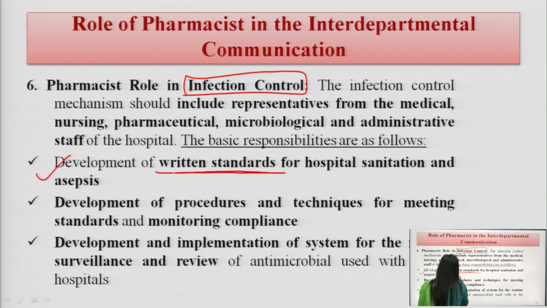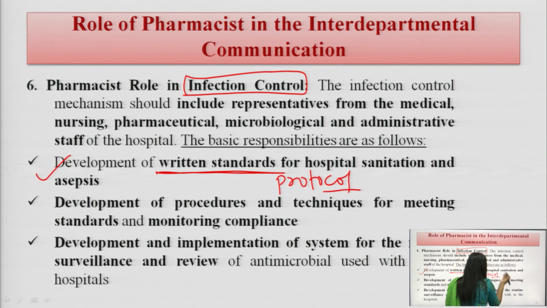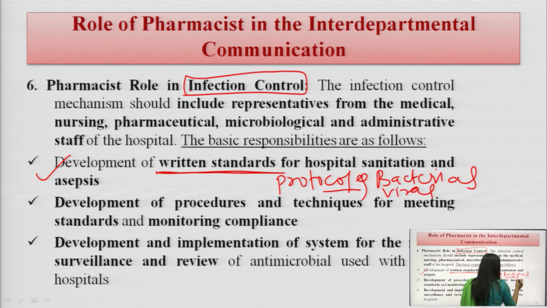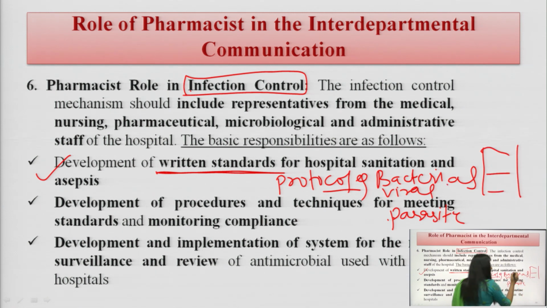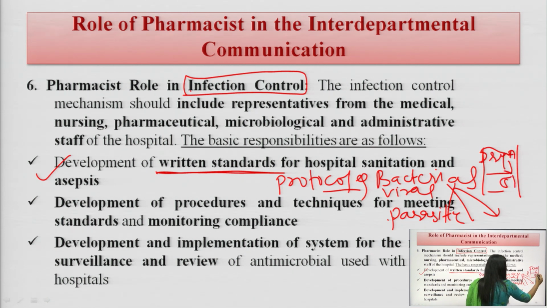They are maintaining the records or written standards, they are making protocols, they are making guidelines, for any bacterial infection, I am just taking an example, any bacterial infection, any viral infection, or any other infection, parasitic infection. So what should be the drugs? And also in bacterial infection, there are different categories. What should be the drug? The drug A should be given for 5 days, like this, and there should be follow-up.